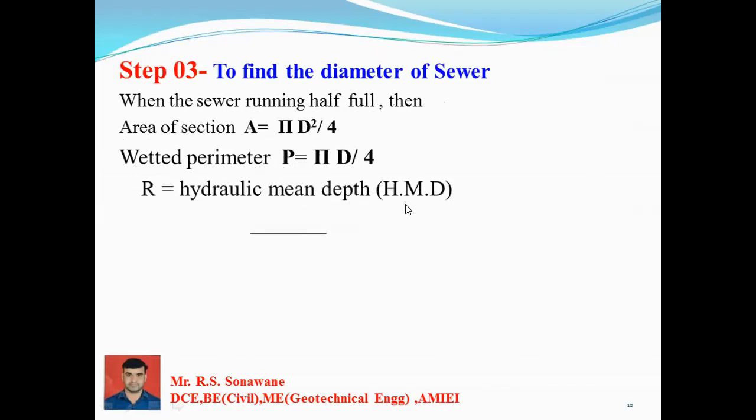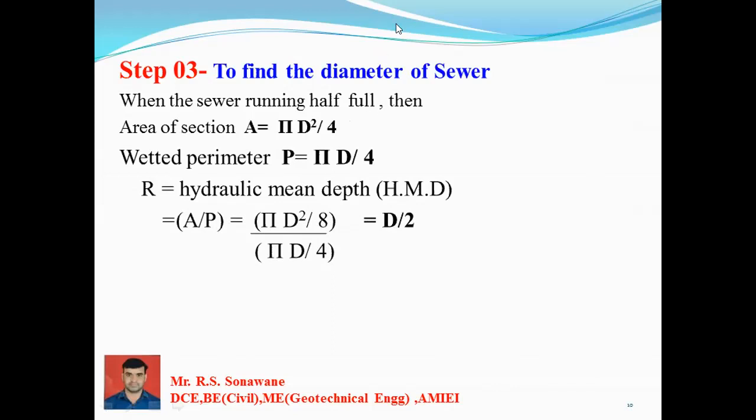R is the hydraulic mean depth, that is HMD, equal to A upon P, that is equal to pi by 8 d square divided by pi by 4 into d. Please correct here: take the value of 8 for the sewer running half full, that is 8.